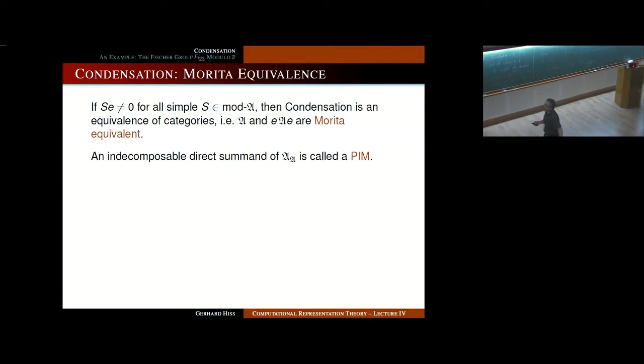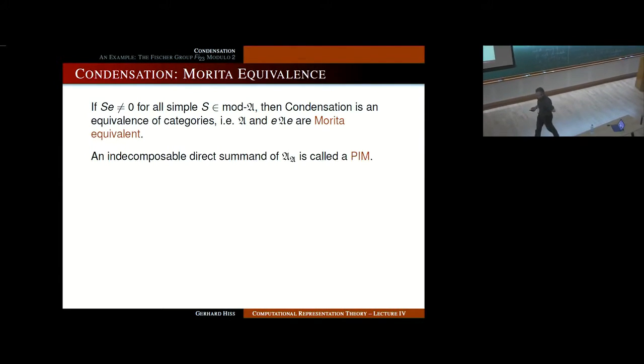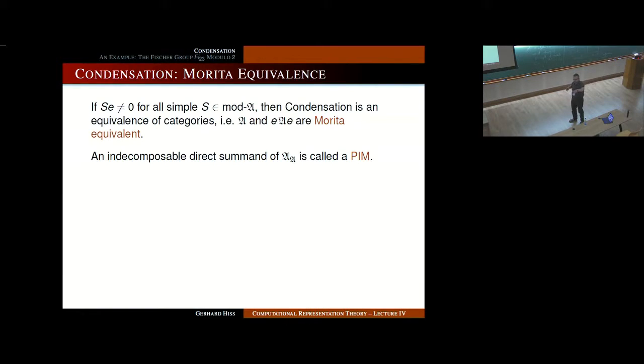Well, what is a Morita equivalence? A Morita equivalence is an equivalence between module categories, which essentially tells you that the two algebras have the same representation theory. So you can map the simple modules to the simple modules, and any module to another module which has the same composition series, okay, which have matching composition series. Yeah?